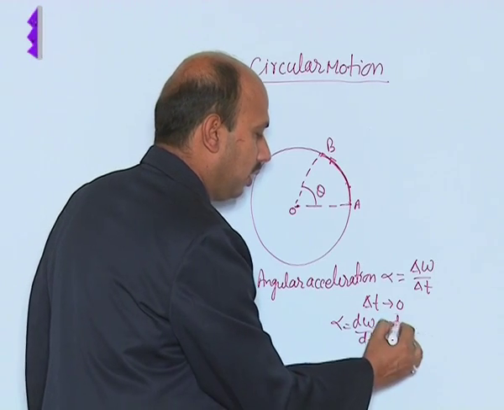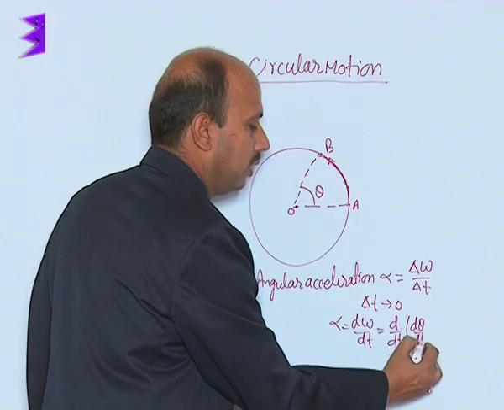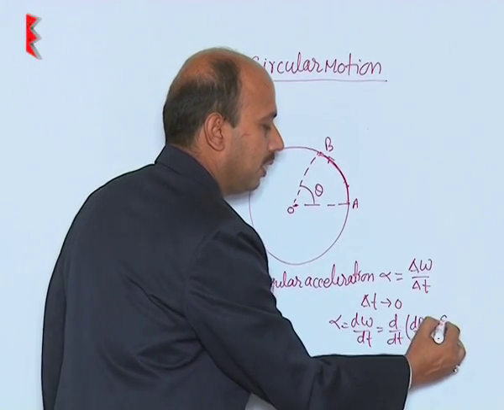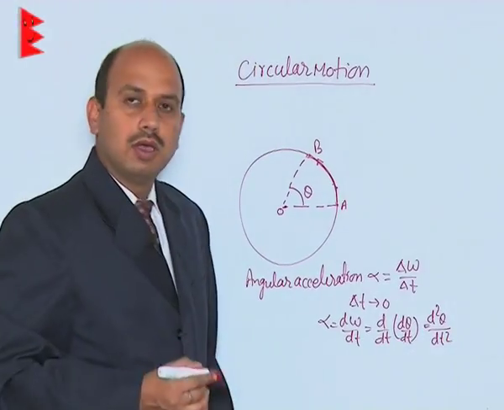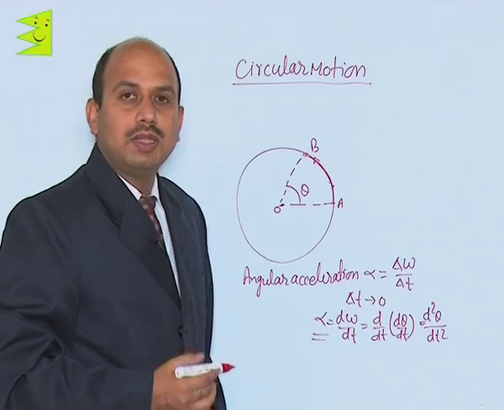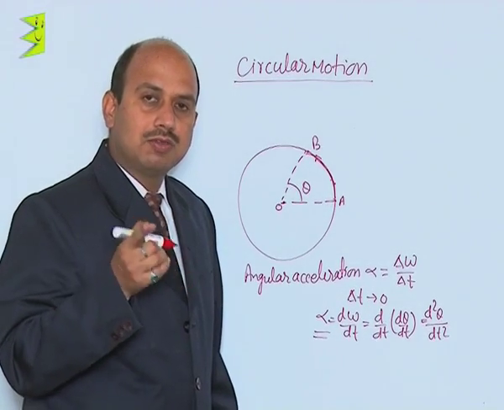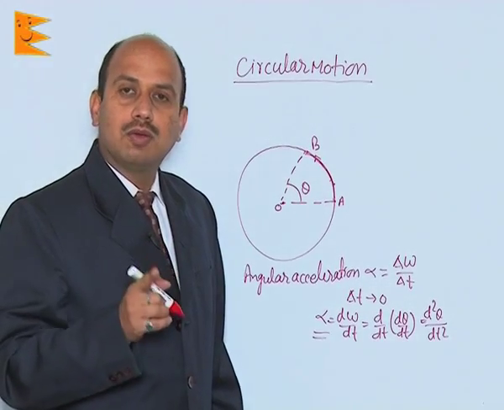Also, we can write d upon dt of d theta upon dt, that is d square theta divided by dt square. So, this is angular acceleration alpha. When the body moves in a circular path, it has angular displacement, angular velocity as well as angular acceleration.